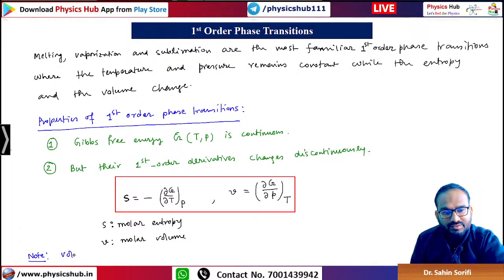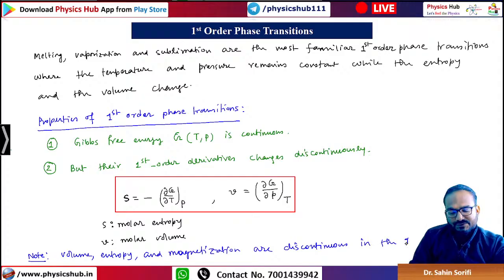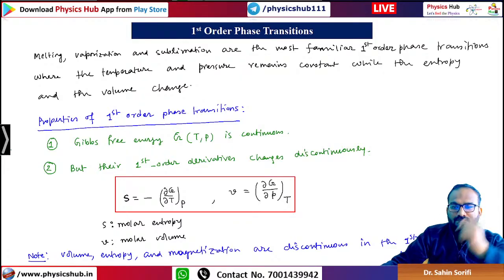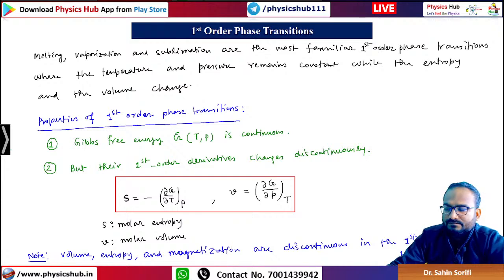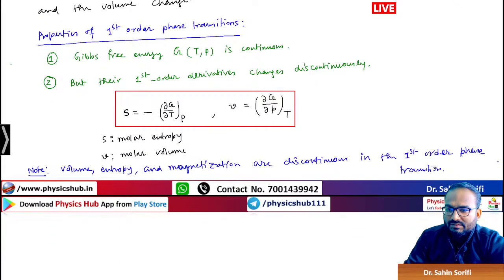So remember this: volume, entropy, and another thing, magnetization, are discontinuous in the first order phase transition.